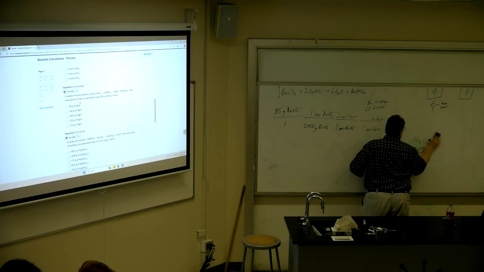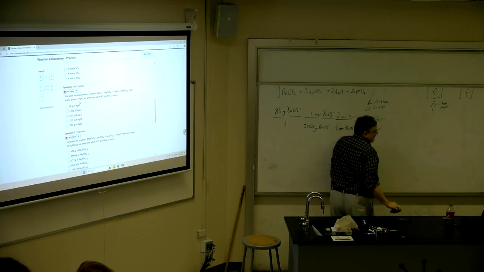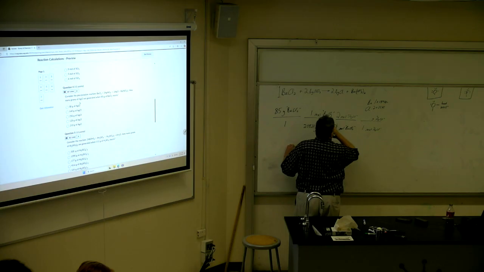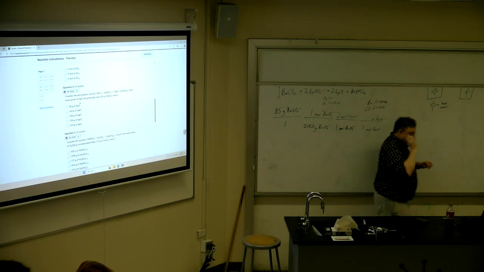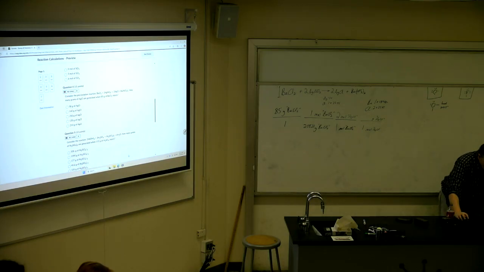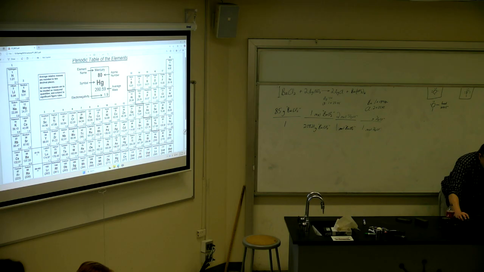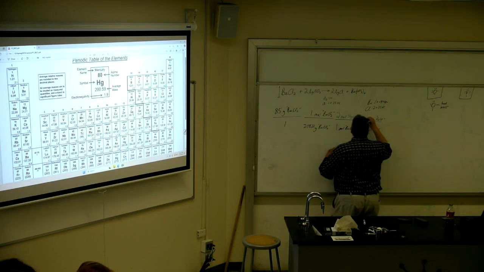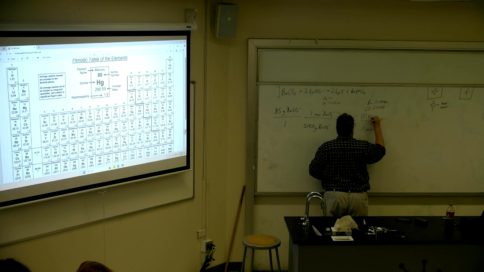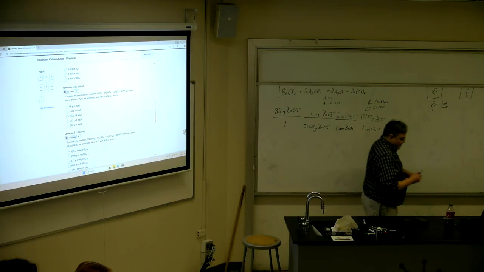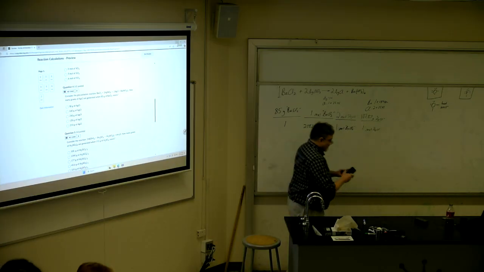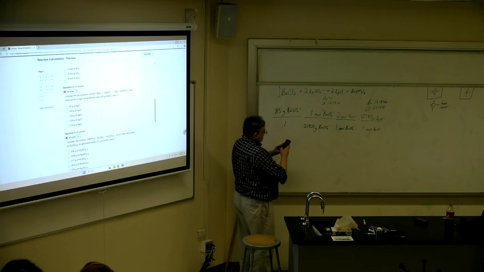So 1 mole is how many grams of AgCl? So I have to calculate that. AgCl, 1 of each. And silver, 107.87. And the rest is the math.